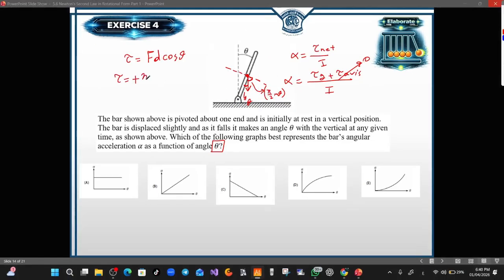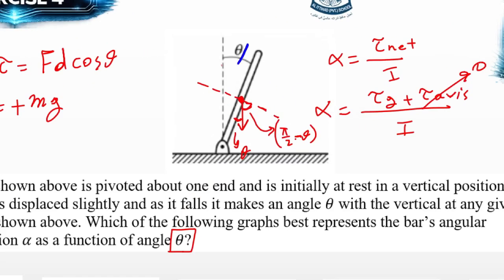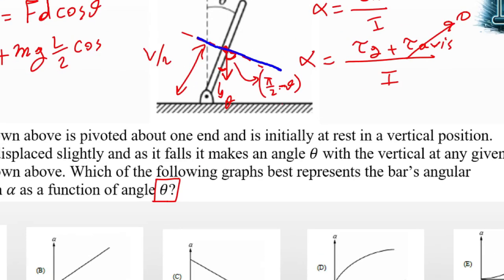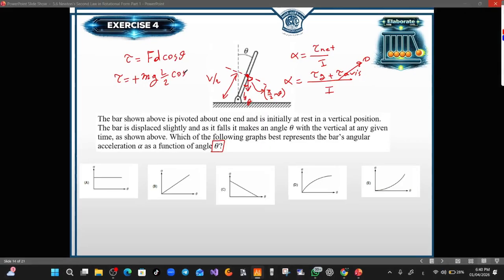The magnitude of this force is m times g. If we consider the total length of the rod to be L, then the distance between the point of application of this force and the pivot is L over 2. Times cosine of the angle, and the angle between the tangential direction and the force is pi over 2 minus theta.